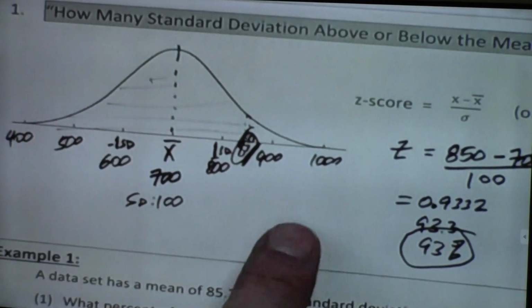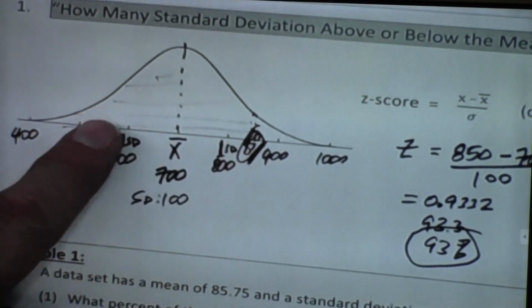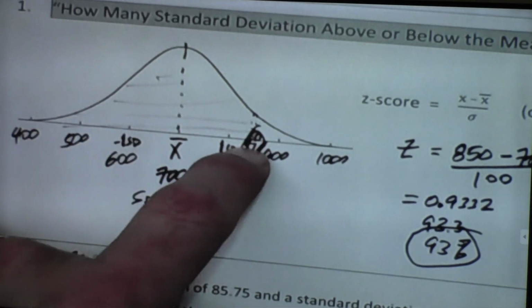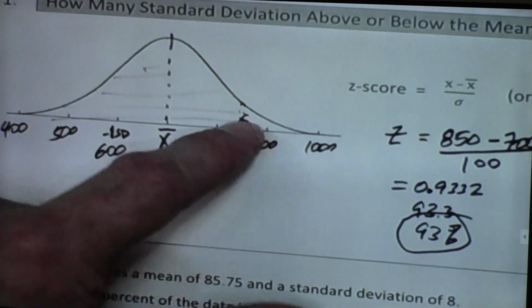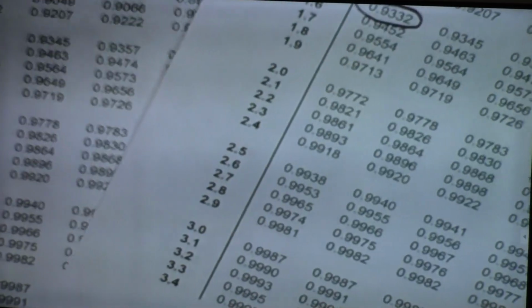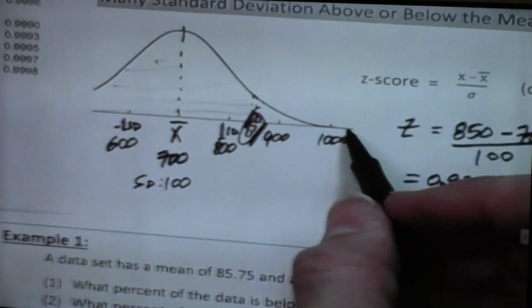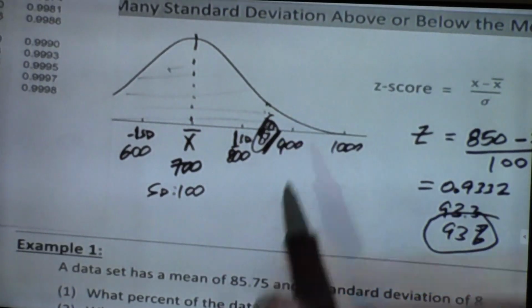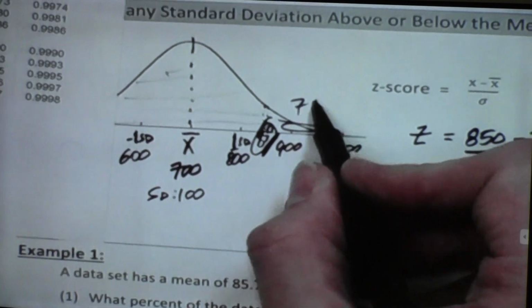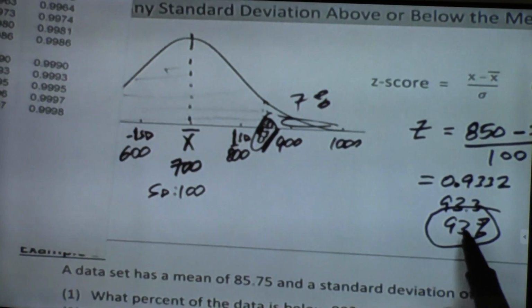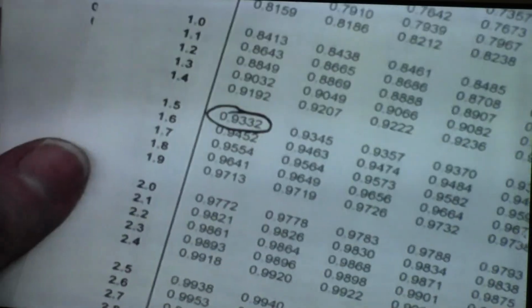Now notice I'm focusing on the fact that it's all of it leading up to 850. If I wanted to know above 850, this doesn't help you directly. You have to find this number and then subtract from 1. You'd have to find the difference going up to 100. So all of this is 7%, because that's what you need to get to 100. This doesn't give you the positive.